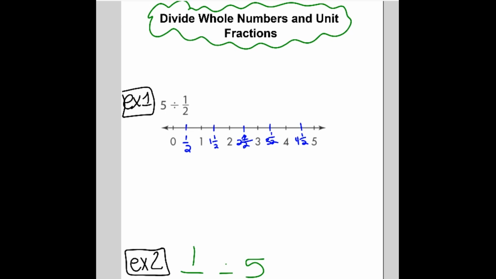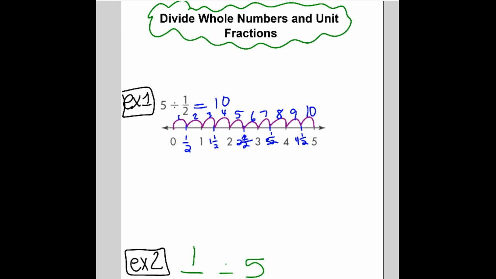Our jumping is going to go from 0 to 1/2, then to 1, then 1.5, then 2, 2.5, 3, 3.5, 4, 4.5 to 5. And then we count how many jumps those were. That's 1, 2, 3, 4, 5, 6, 7, 8, 9, 10 jumps. So our answer will end up being 10 if we use the number line.